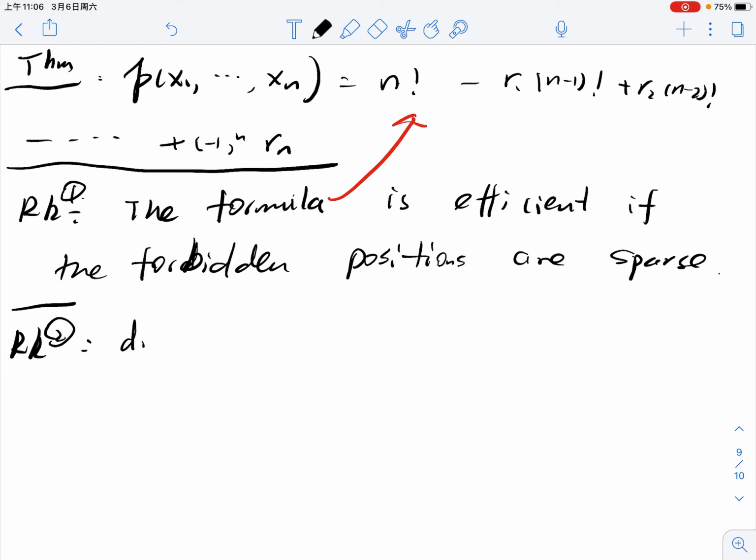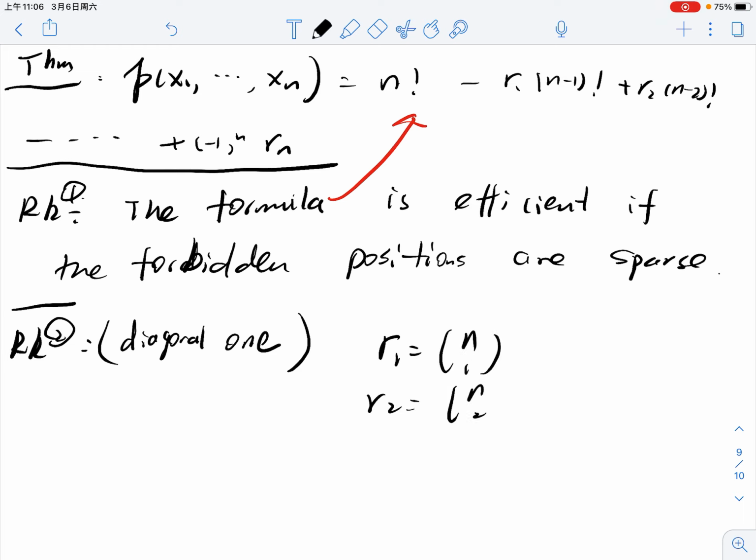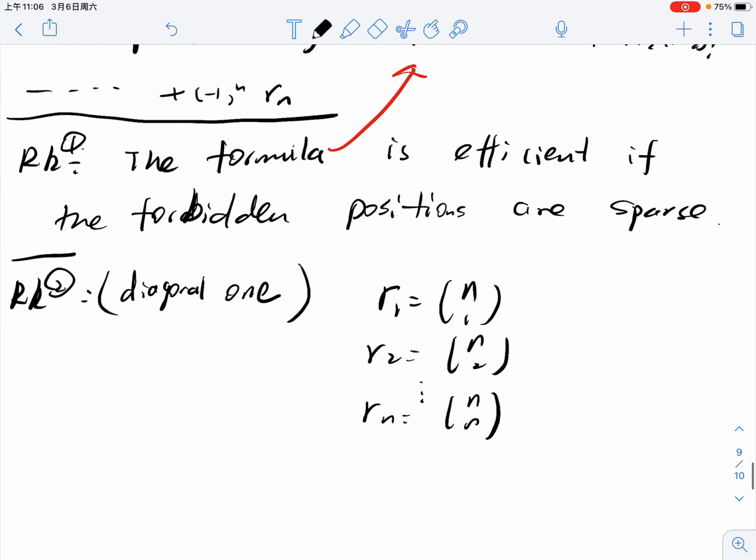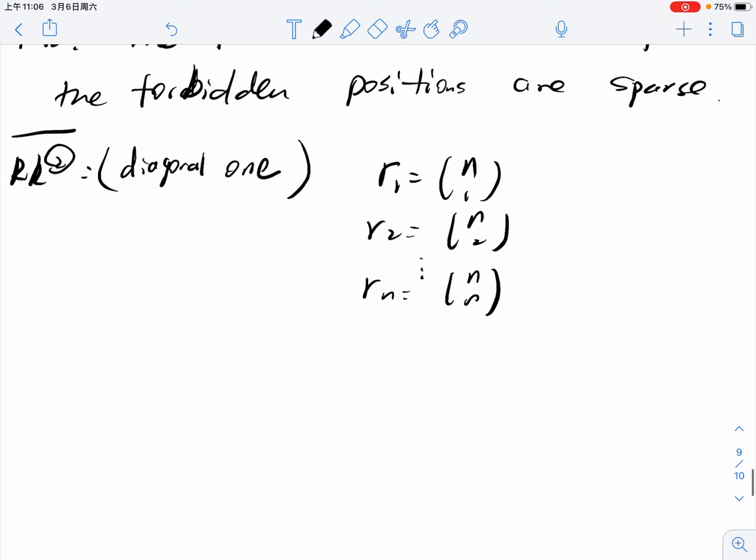For the diagonal ones, what is R1? R1 is n choose 1, R2 is n choose 2, Rn is n choose n. Therefore, you plug in, you have the formula. Okay, so that's the reason why we introduce this.